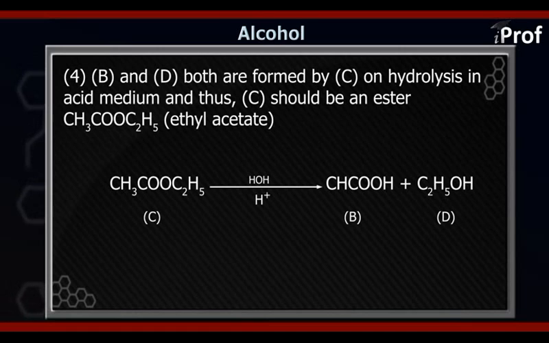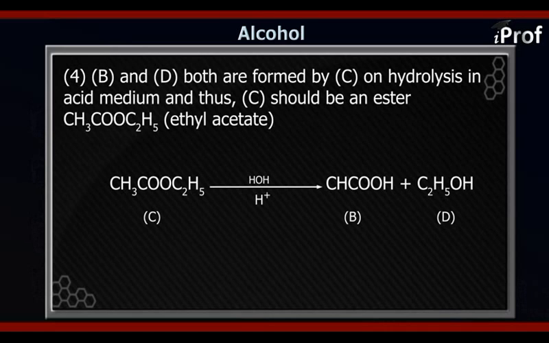Well, we know that B is a carboxylic acid and D is the alcohol, and we are also being given that hydrolysis of C under acidic conditions gives B and D. So we are carrying out the hydrolysis of C, and the hydrolysis of C is giving you one molecule of carboxylic acid and another molecule of alcohol. So therefore now you will straight away say that C has to be an ester.